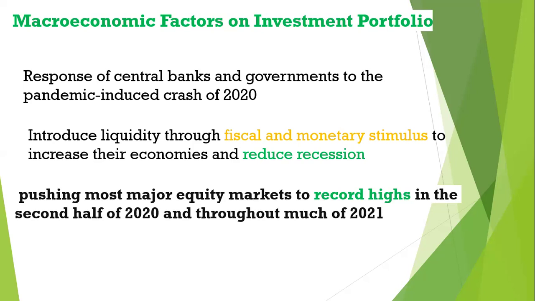So when they grow, they record highs, so their stock price increases. For example, BMO went to 71, and then after the liquidity was induced into the market, the price went back to 140.